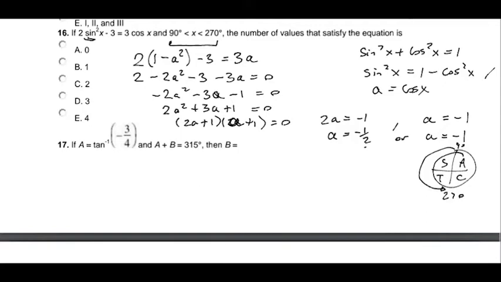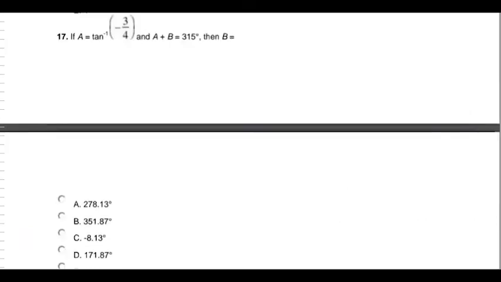So with ASTC, the positive ones are here and here. So there's actually going to be two solutions over here, because you'll have the negative 1 over here, and the negative half will be here and also down here, because they will both be negative halves. So there's actually 3 solutions there. So the answer is D.